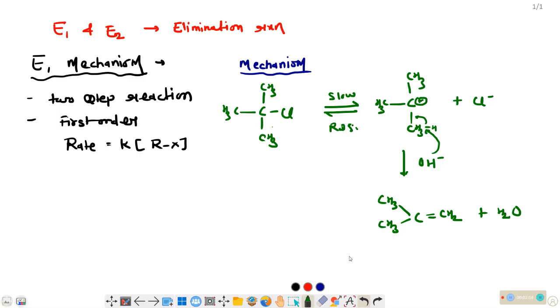So here, the dehydration of alcohol is also E1. It goes through the E1 mechanism.